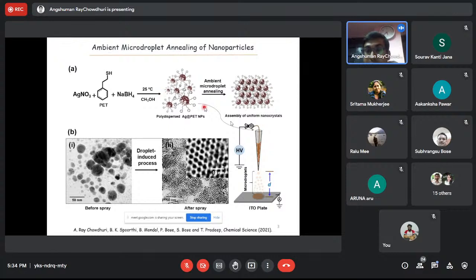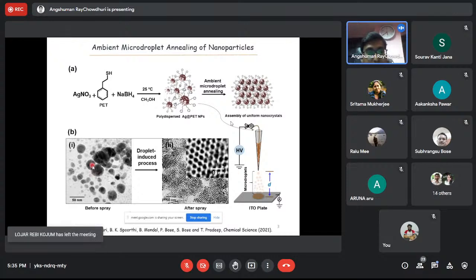So we are producing the monodispersed, uniform assembly of nanocrystals by ambient electrospray, and we term this process ambient microdroplet annealing. Ambient microdroplet annealing is a newborn approach for the transformation of polydispersed nanoparticles to monodispersed ones.